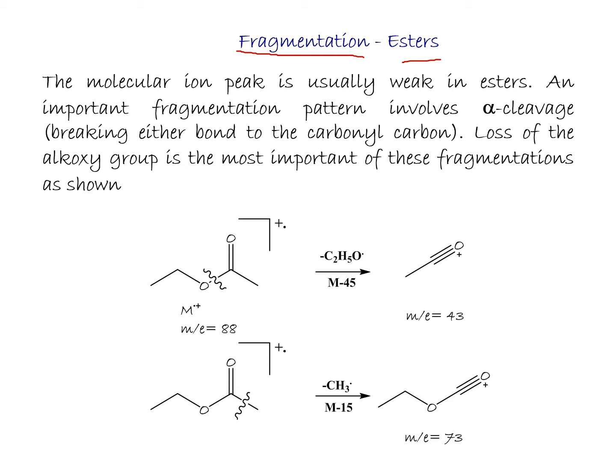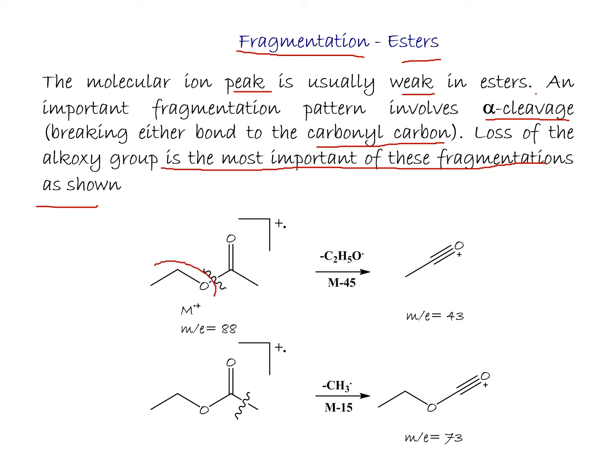The molecular ion peak is usually weak in esters. An important fragmentation pattern involves alpha cleavage, breaking either bond to the carbonyl carbon. Loss of the alkoxy group is the most important of these fragmentations, as shown.